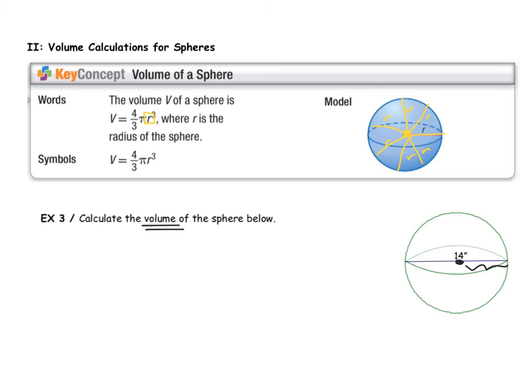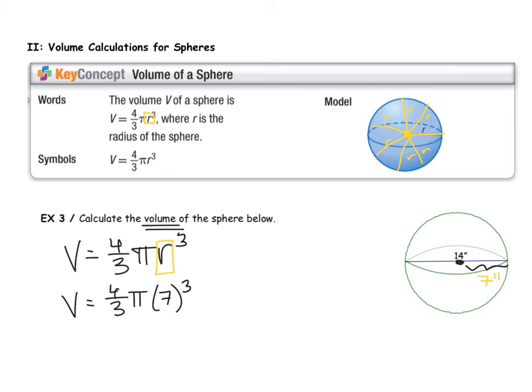So in our first example, we are given the diameter. We're going to need the radius because our formula is 4/3 pi r cubed. So I need to find the radius r. That's our 7 inches here, half of the diameter. And now I'm ready to calculate. Volume equals 4/3 pi times 7 cubed.